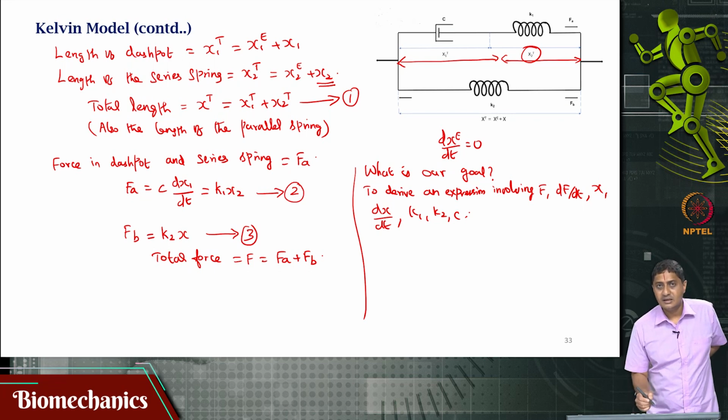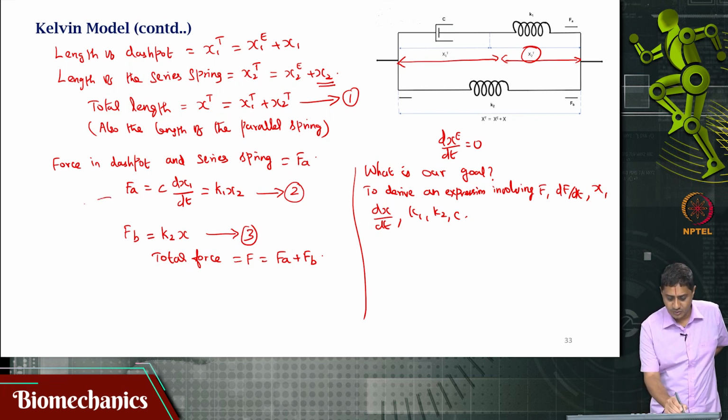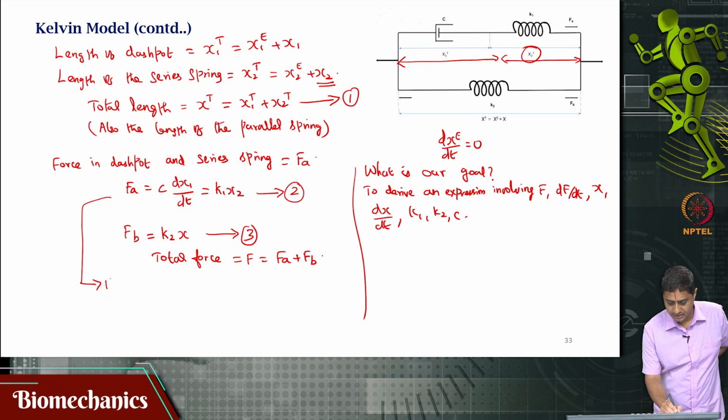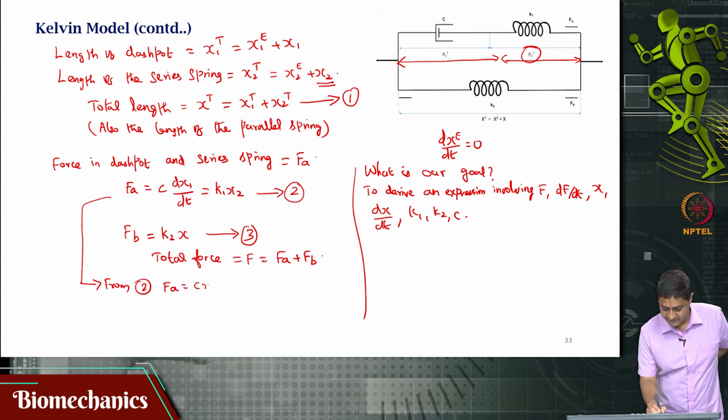Now, let us take equation 2 and do some rearrangement. What it says is Fa is C x1 dot. Remember what it says. It does not say C x dot, but rather C x1 dot.